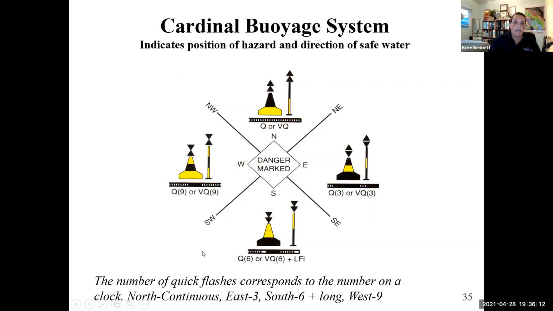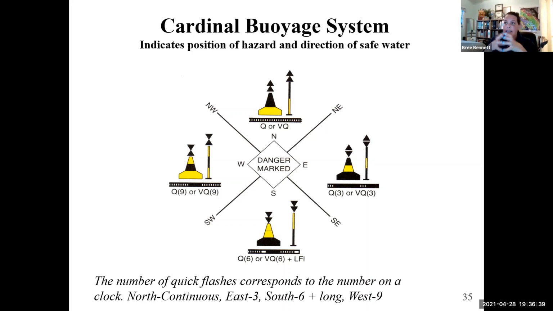Okay, and then we have how we talked about our lateral system and our cardinal system. Our cardinal system is indicating a hazard in some area. So this is different than an isolated danger buoy. Your cardinal buoy is indicating safe passage.